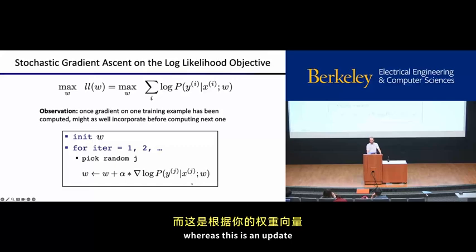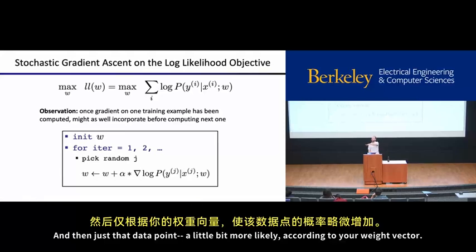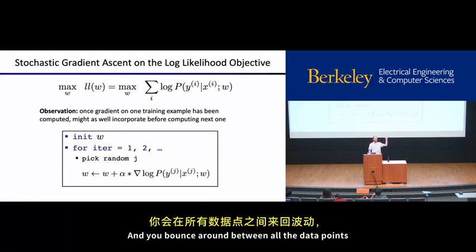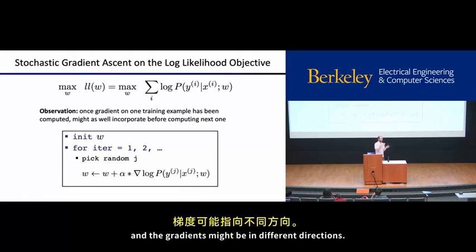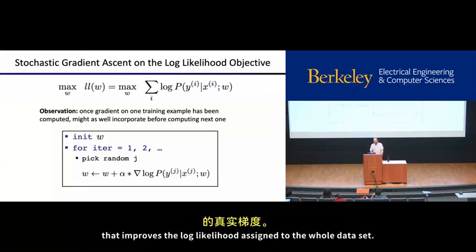Whereas this is an update that makes just this data point a little bit more likely according to your weight vector, and then just that data point a little bit more likely according to your weight vector. And you bounce around between all the data points, and the gradients might be in different directions, but on average, the average of the gradient will be the true gradient that improves the log likelihood assigned to the whole data set.